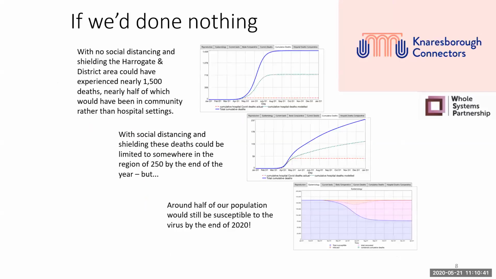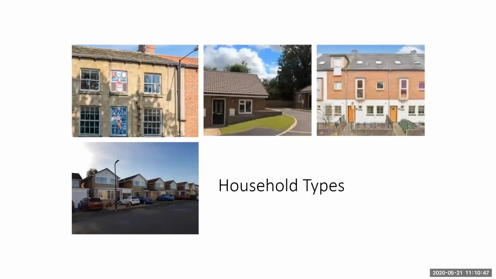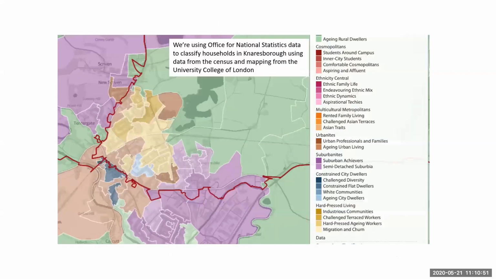We took them through what would happen if we'd done nothing in terms of social distancing, and then we showed them 5 different household types, based on ONS stats, but I adapted it slightly because, as you might imagine, there aren't many multicultural metropolitans in Knaresborough. I'm probably the only one in a challenged Asian terrace.